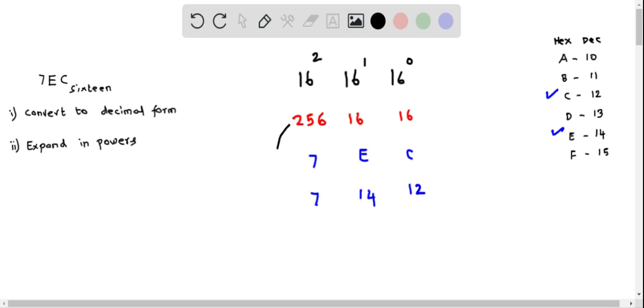Now we have to multiply this 256 with 7 and 16 with 14, 16 with 12, and then we have to add them together like this.